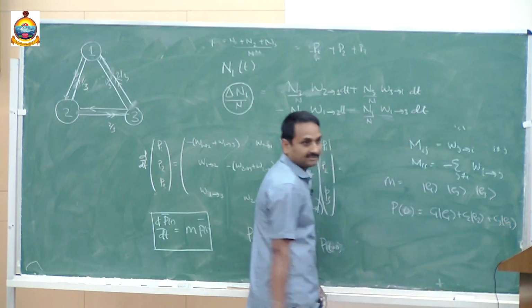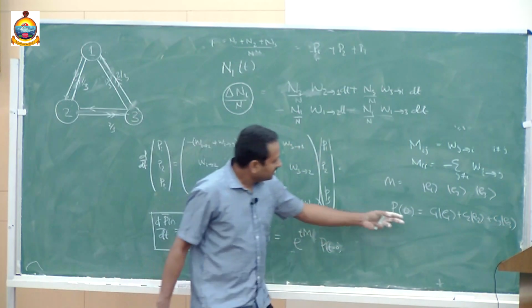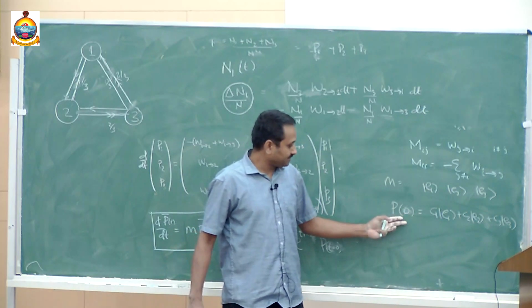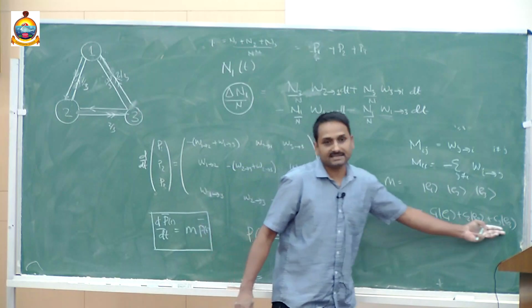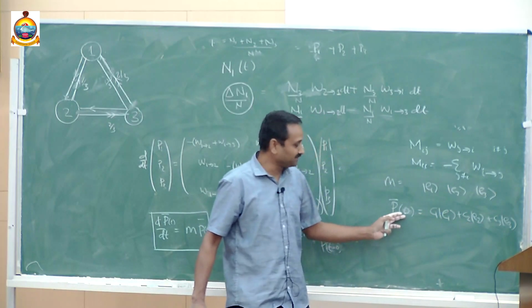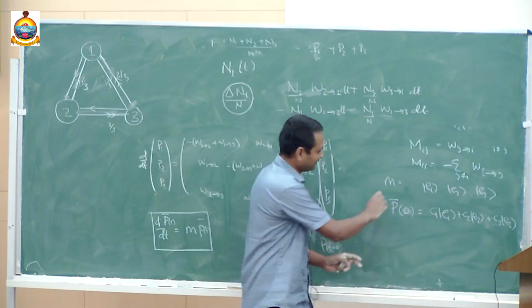Any vector can be written in terms of the eigenvectors. I'm using two different notations here; this is a vector, this is also a vector.